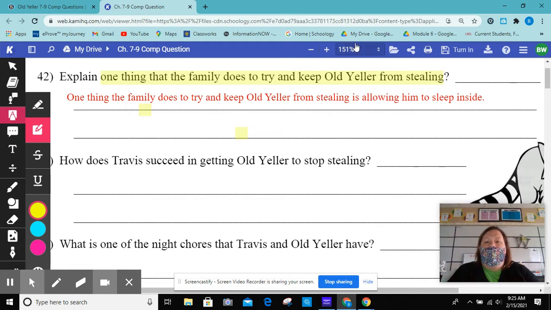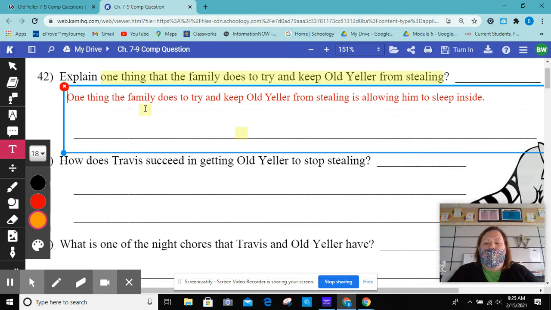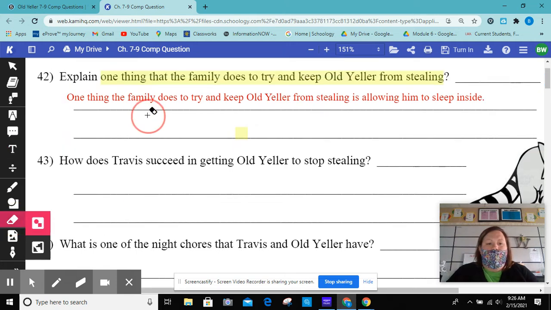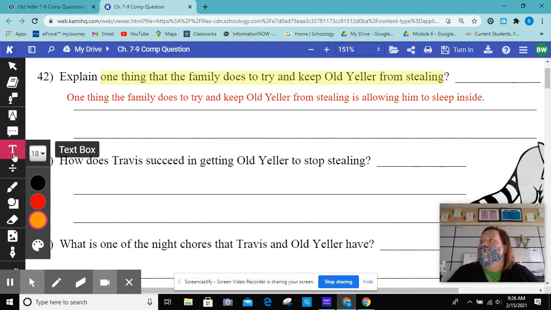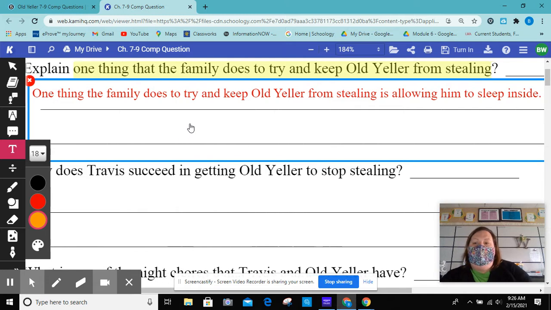Did everybody get this one from last week?